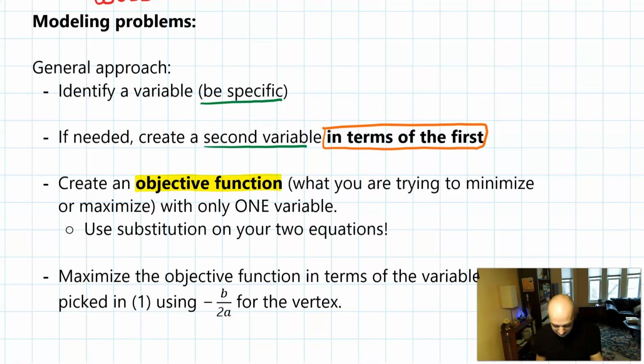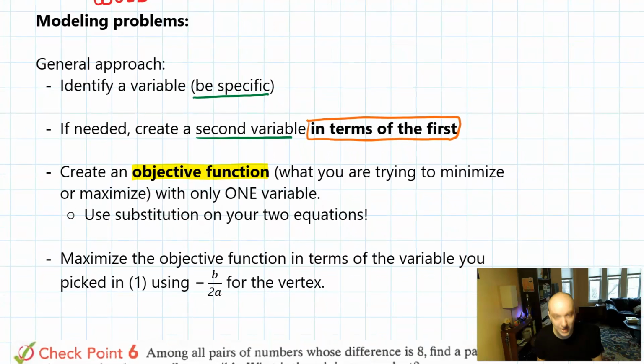That's going to be our objective. And that objective function will have just one variable. So we're going to be going from many variables down to one to try to create an equation that models the situation. That's why we call it modeling problems. And at the very end, like I said, we're going to use negative b over 2a for that vertex. And that's going to help us maximize or minimize the thing we're looking at.